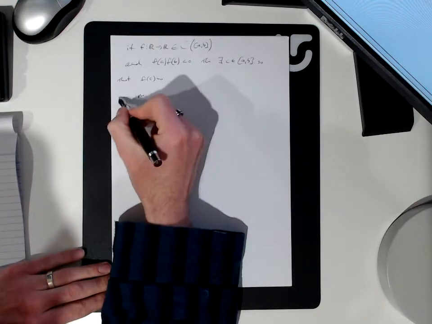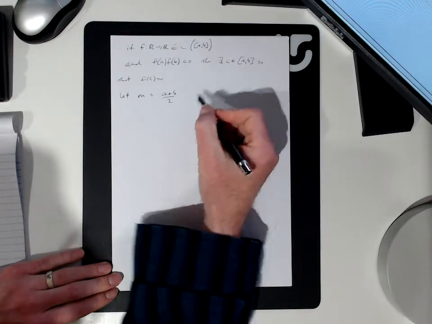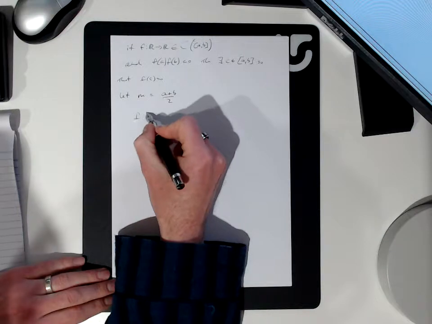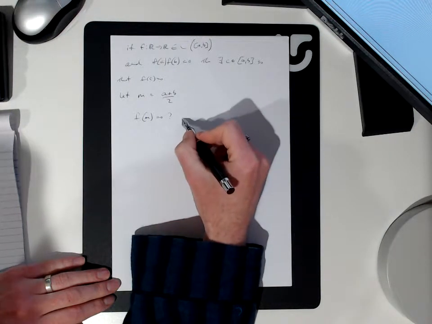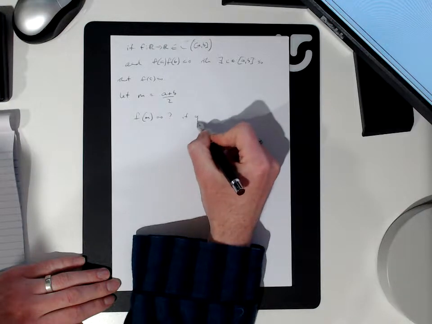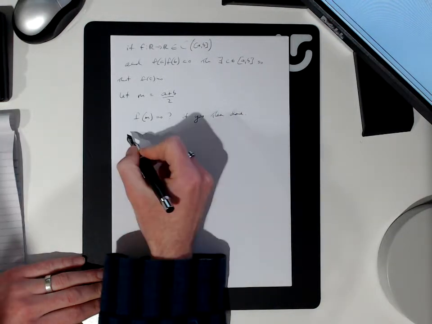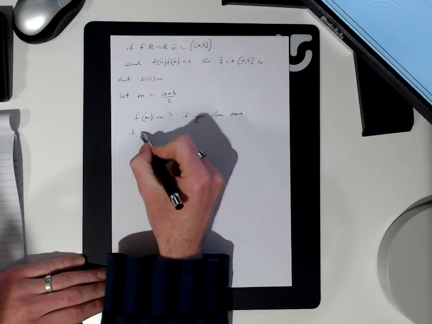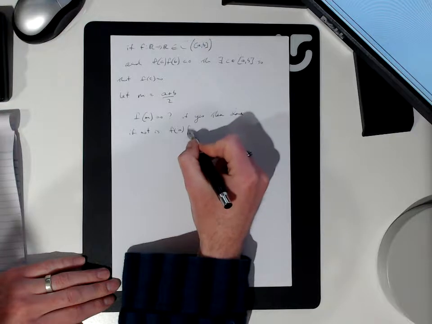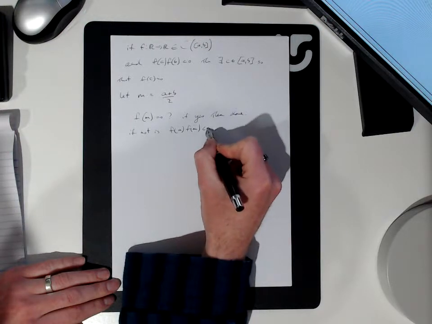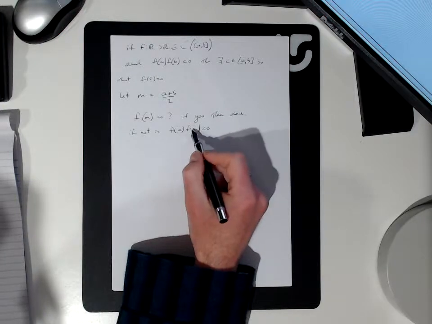So let m equal (a plus b) over 2. And we can just check, is f of m equal to 0? If it is, then we're done. If not, is f of a times f of m less than 0? So is this bit positive? Or at least does it have the opposite sign?